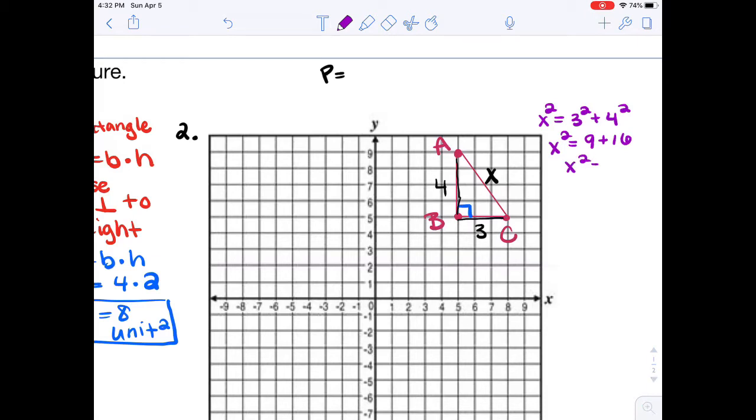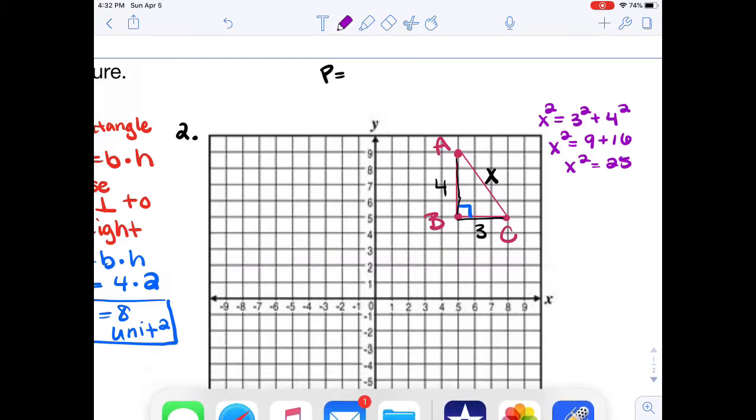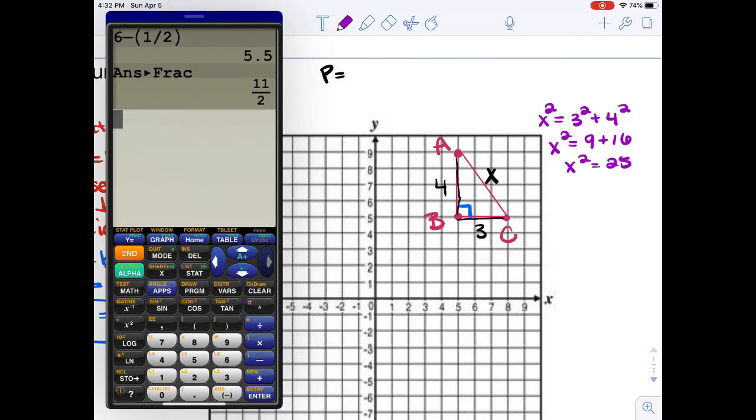I can add those two together to get 25. At this point, we need to take the square root of 25. So my hypotenuse here is 5.